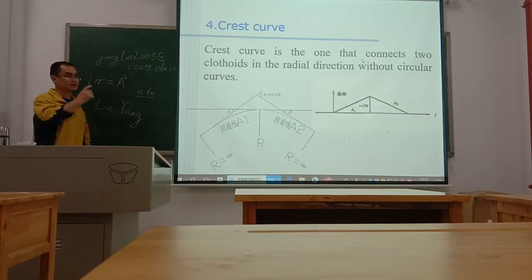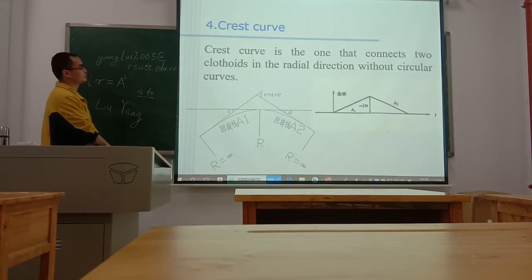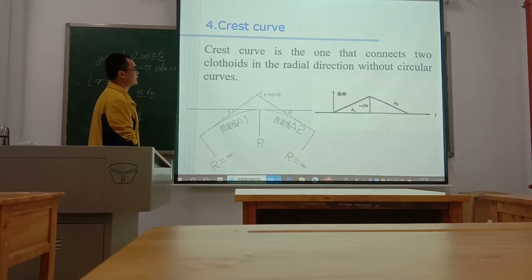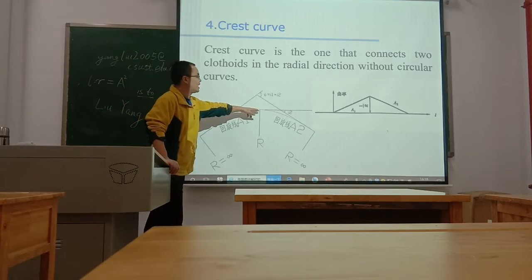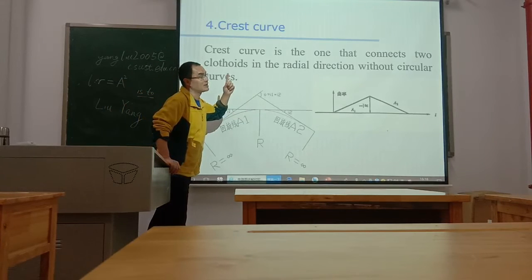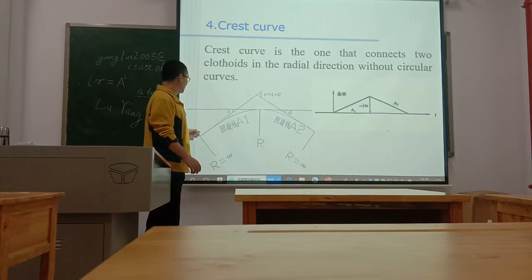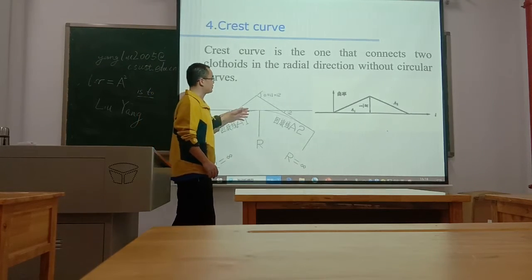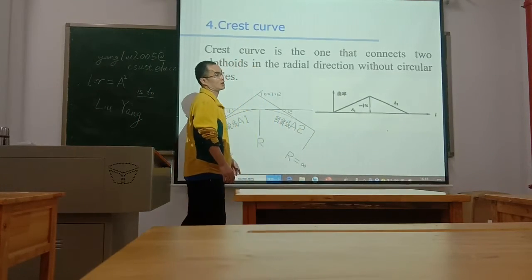Four, crest curve. Crest curve is the one that connects 2 clothoids in the radial direction without circular curves. The length of circular curve is 0. Straight line, clothoid 1, clothoid 2, straight line.